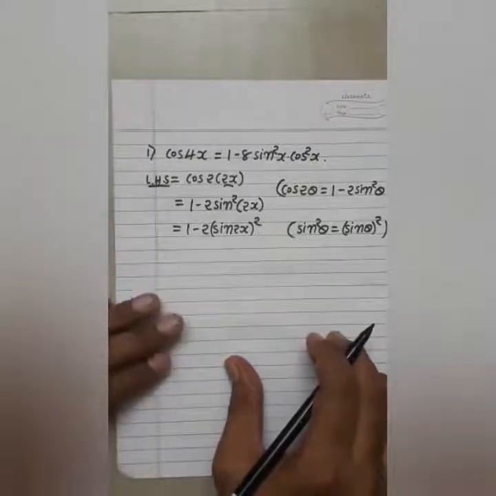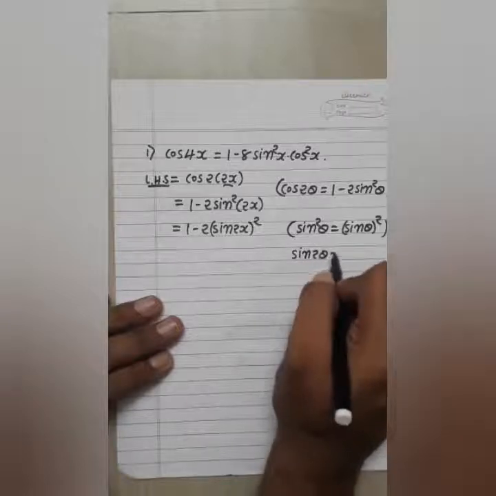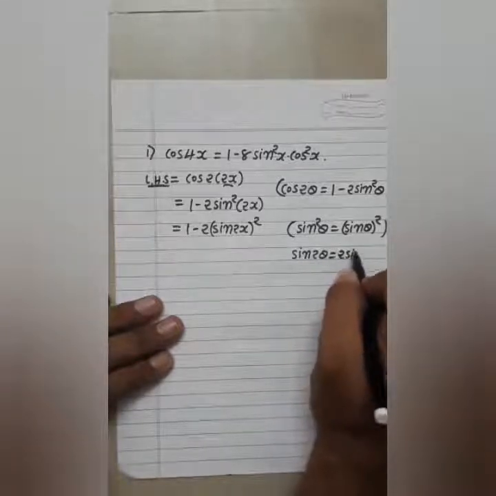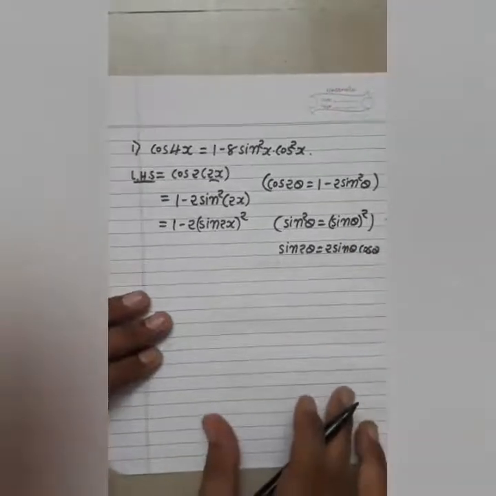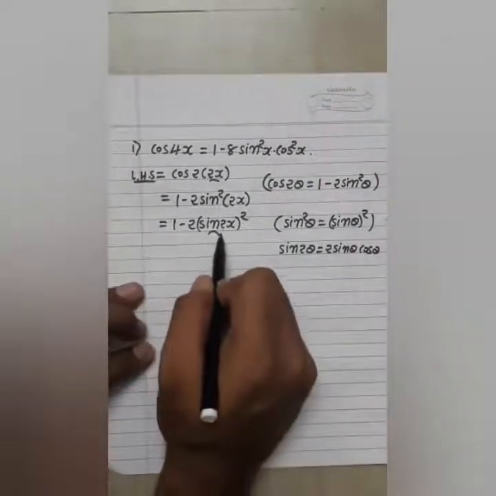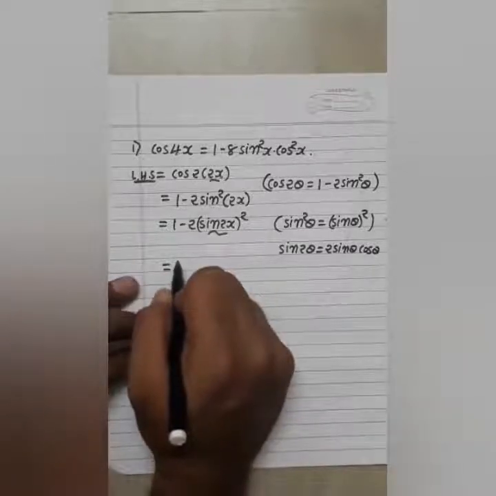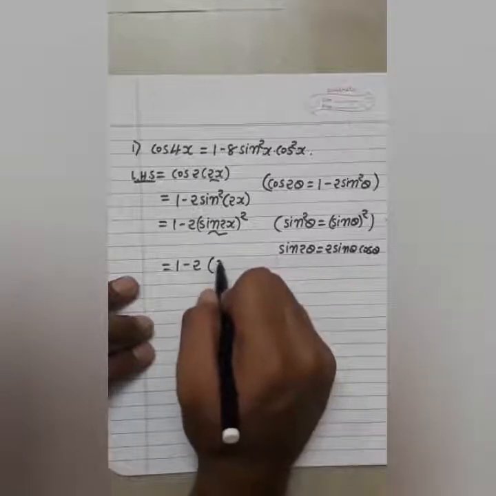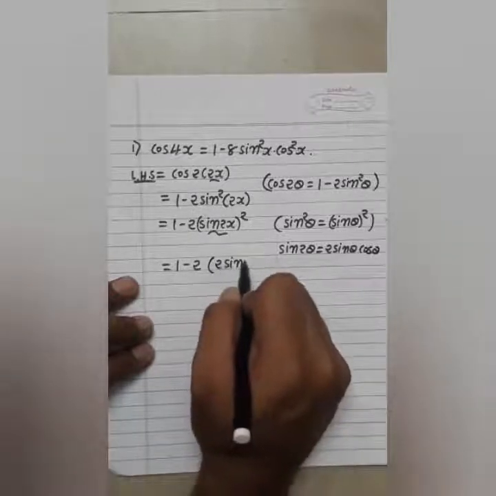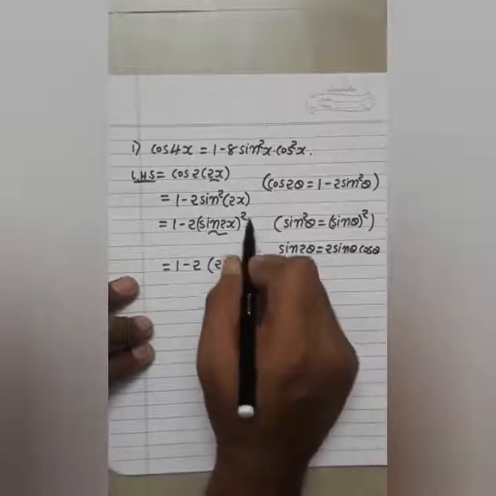Now we know that sin 2 theta is equal to 2 times sin theta into cos theta. So the same identity, sin 2x, apply here. So it is equal to 1 minus 2 in bracket 2 times sin x into cos x and whole square.